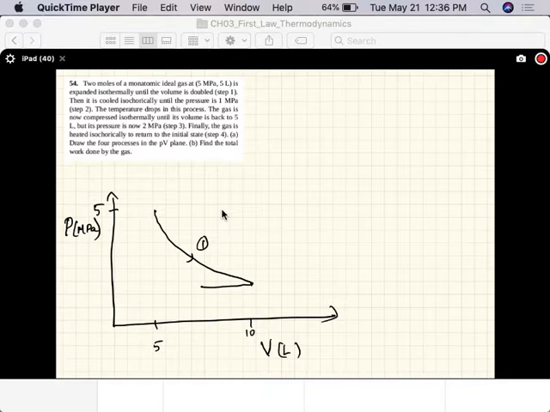Then it's cooled isochorically until its pressure... All right, so then you're going down like that.